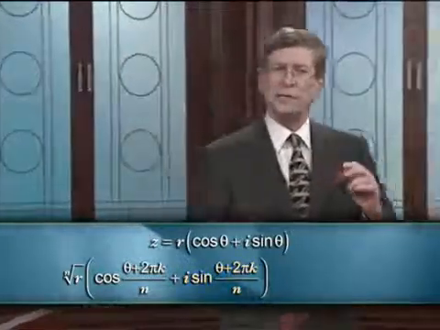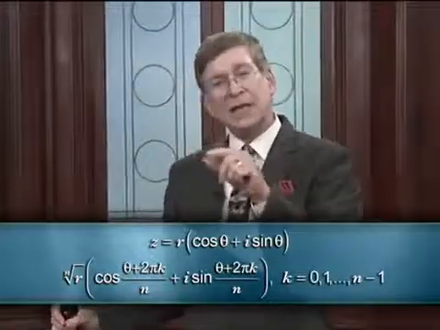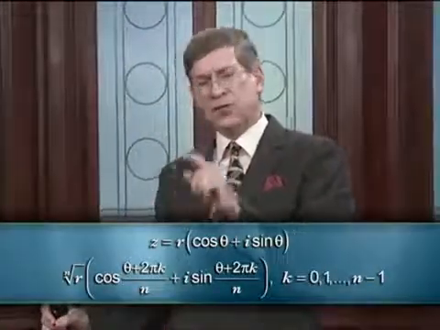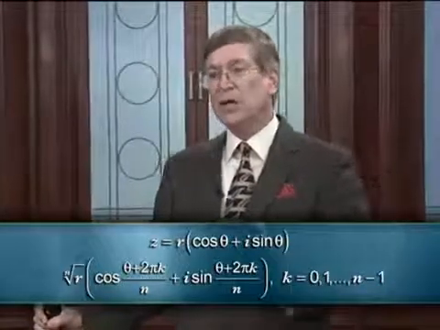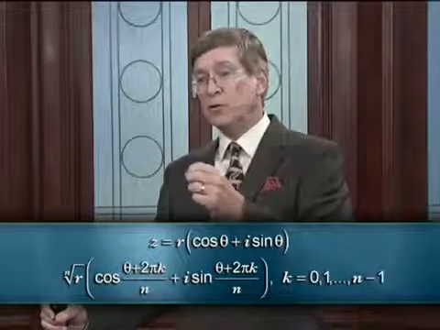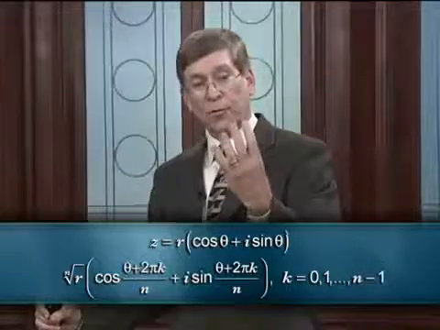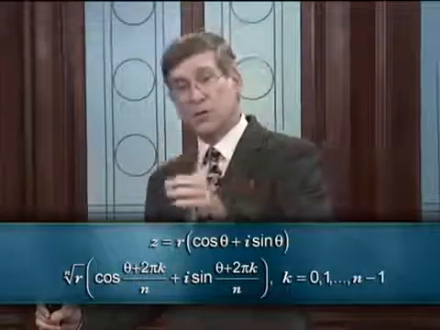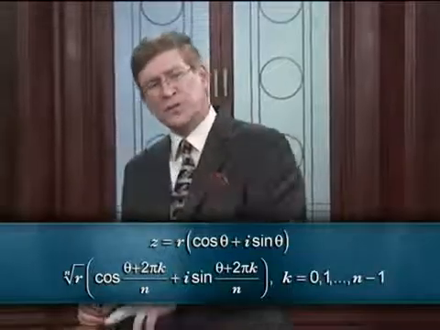Now that looks pretty complicated, but let me try to explain it. k takes on n different values, 0, 1, 2, out to n minus 1. So if you're finding fourth roots, n is 4, so k would be 0, 1, 2, 3. So there are really 4 values in this expression.